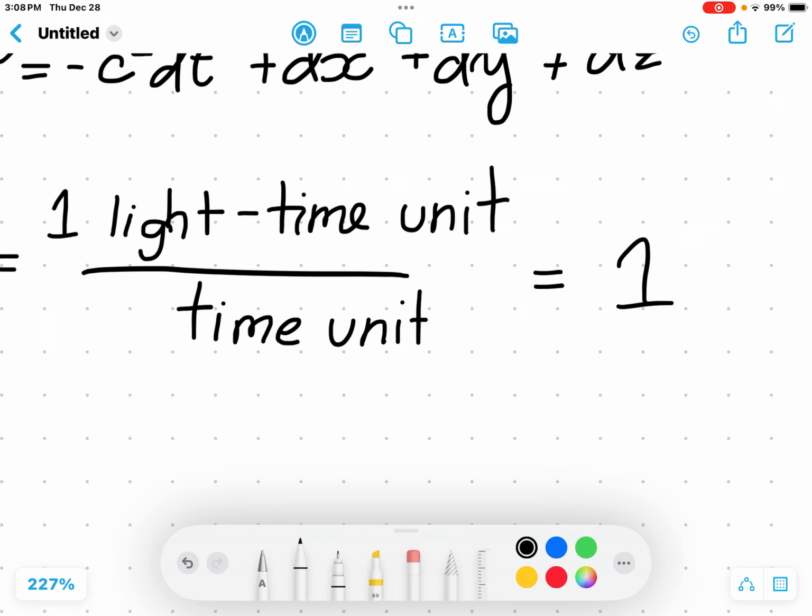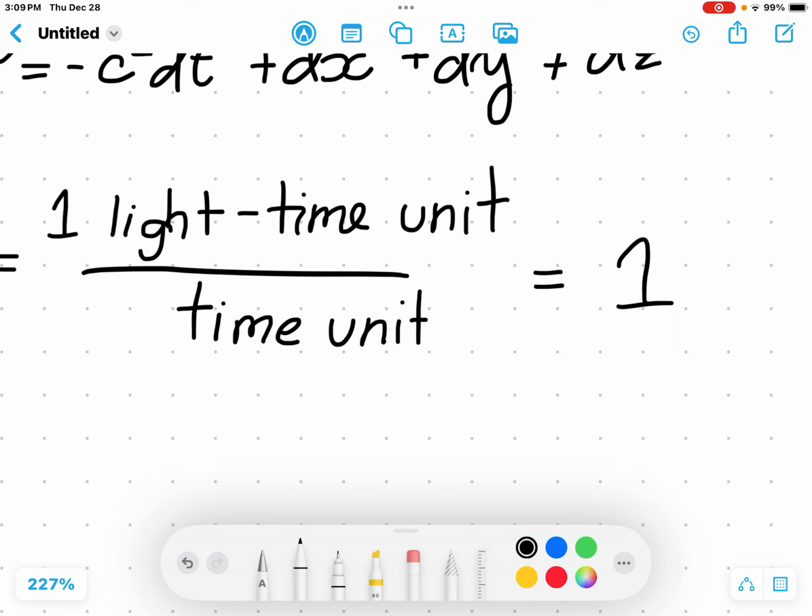Right? So if my time unit is 1 second, the length unit is 1 light second. If it's 1 light nanosecond, then my time unit will be 1 nanosecond. And surprisingly enough, I know this is kind of disgusting for us metric system users, but 1 light nanosecond is actually approximately equal to 1 foot, right?